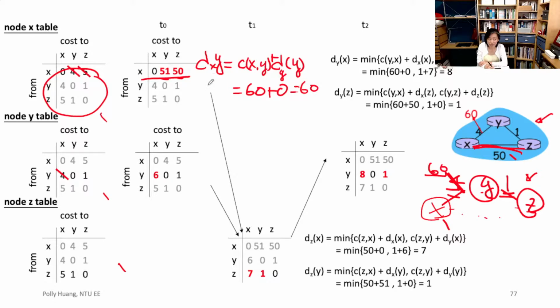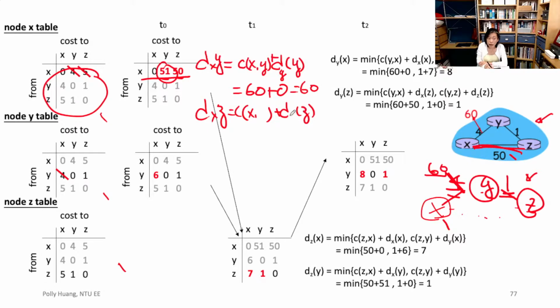So this is going to be 60. What about dxz? Let's calculate. x to the neighbor plus neighbor to z.